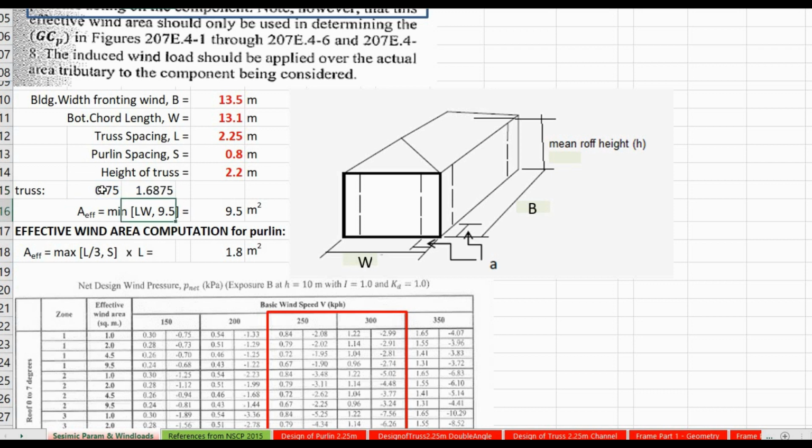So 1.6875. And then we multiply S 0.8 and our length 2.25. So that is 1.8 square meters. So yan po ang gagamitin natin. 1.8 square meters.